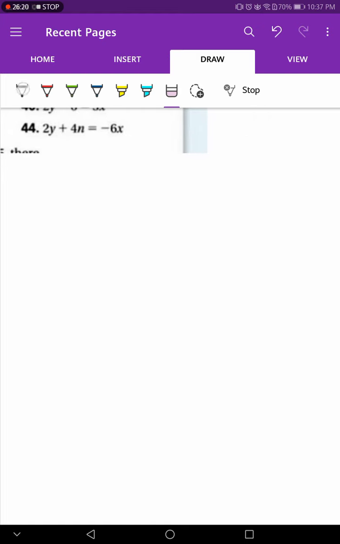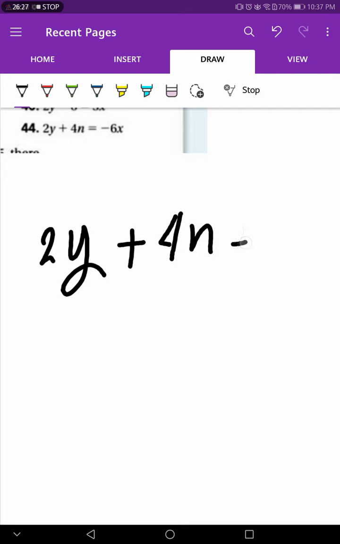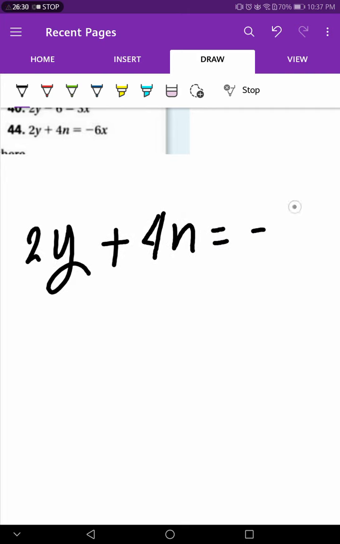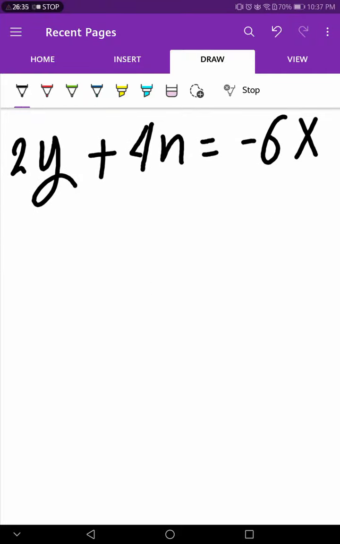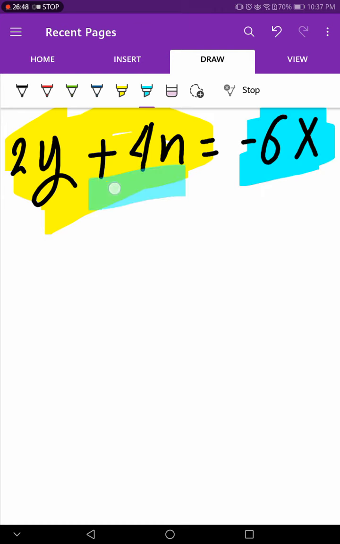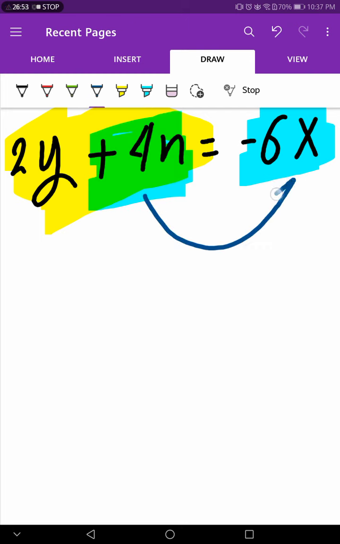44 here: 2y plus 4n equal negative 6x. My mission is to make the y alone and happy. This is the left side, and this is the right side. So first of all, I will move this package from the left side to the right side, and don't forget to change the sign.